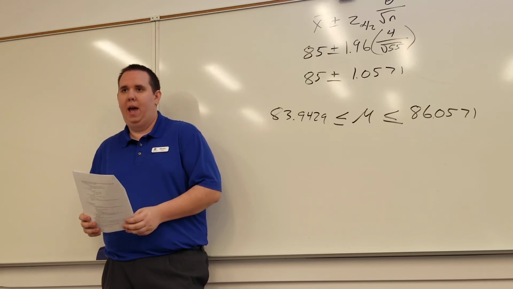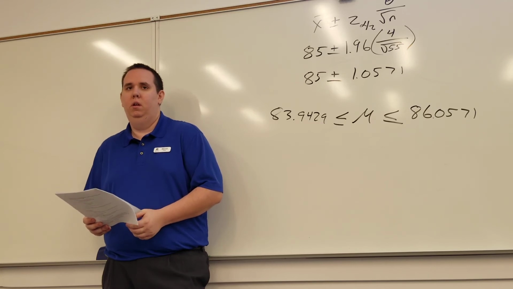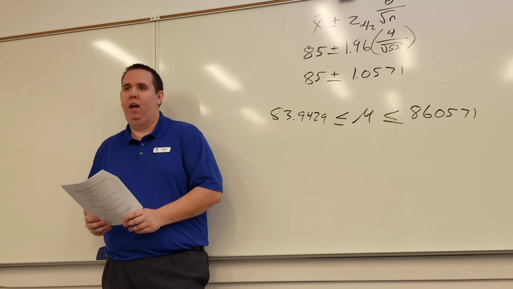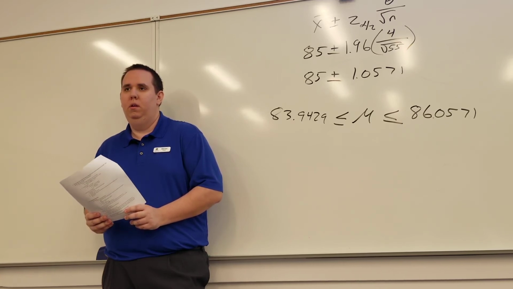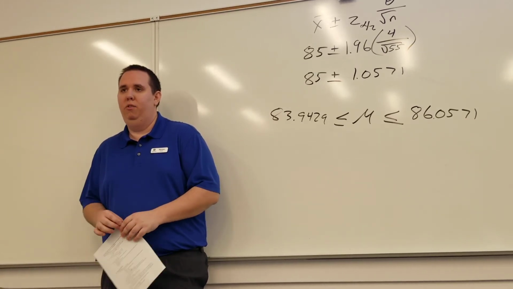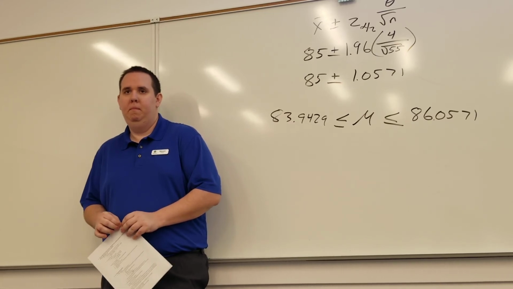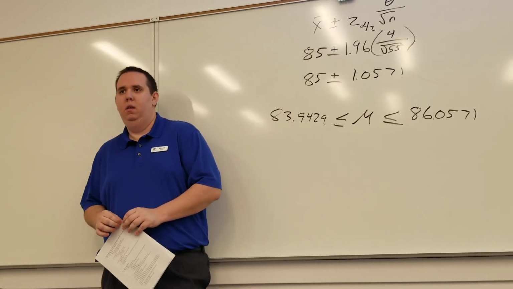How about if we had 77% confidence? What is our alpha under 77% confidence? 0.23. So when we divide that by 2, what do we get? 0.115. Okay.